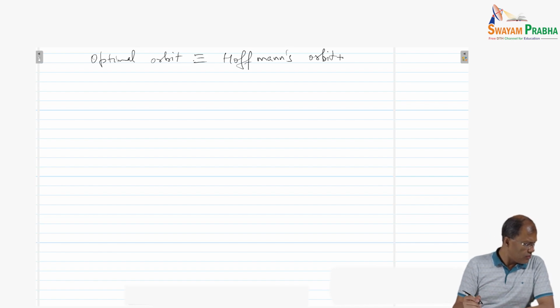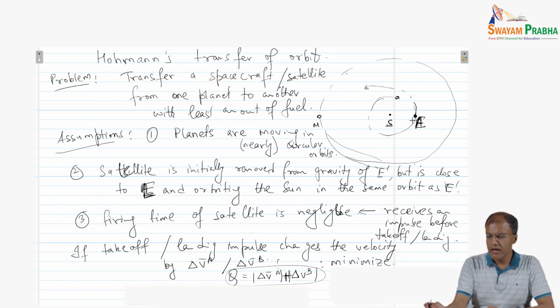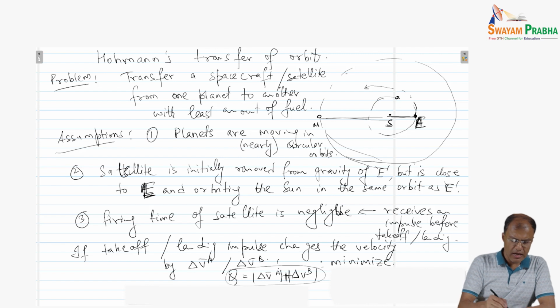Now, what is the property of this optimal orbit? Notice the way I have drawn, and that is also what we will see in our calculation. The optimal orbit is such that it is at the point of closest approach to the sun from the takeoff, or it is at the perihelion of the Earth, and it is at the aphelion of the Mars, right? So it is at the point of farthest approach for the Mars, right?